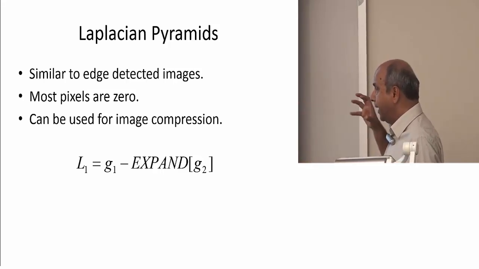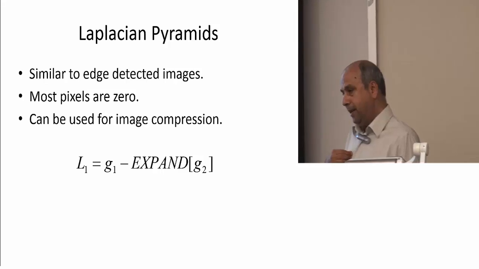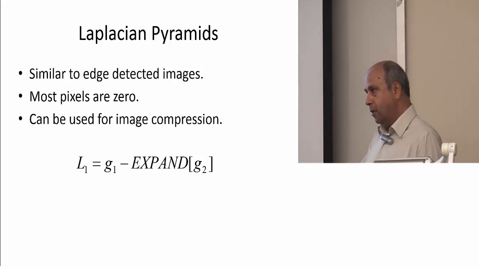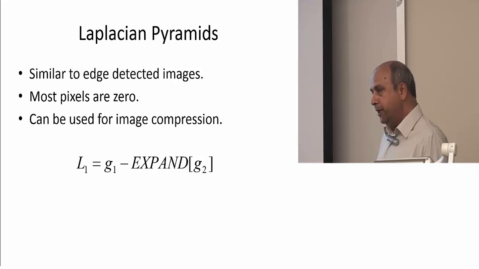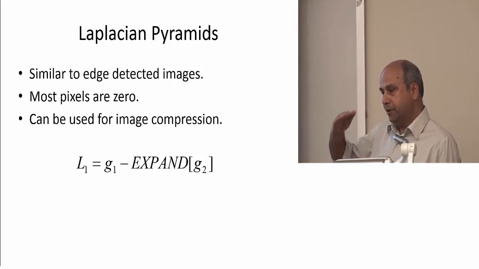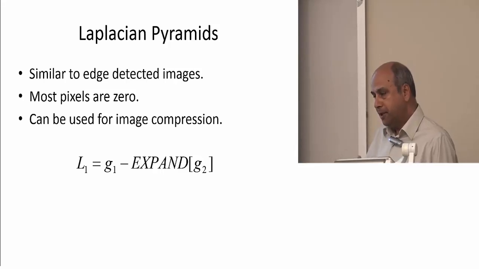So what it's saying: the original image is G1, which we haven't done anything to, and then we build the Gaussian pyramid, G1, G2, G3, G4. Now from the Gaussian pyramid we are going to build the Laplacian pyramid.